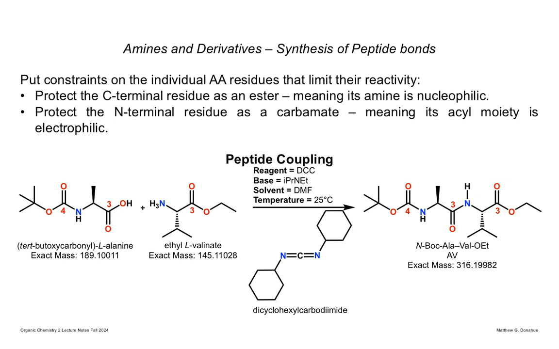So I'm going to do the cheap trick here of lasso chemistry. So there's your NH and your OH. From those, we want to lasso out water and form that peptide bond.